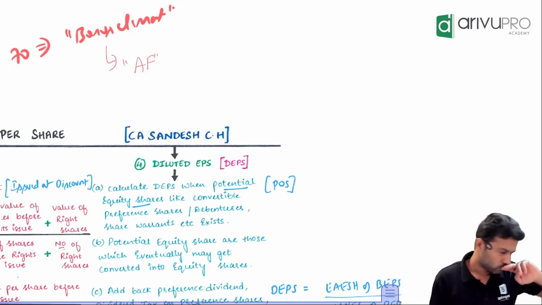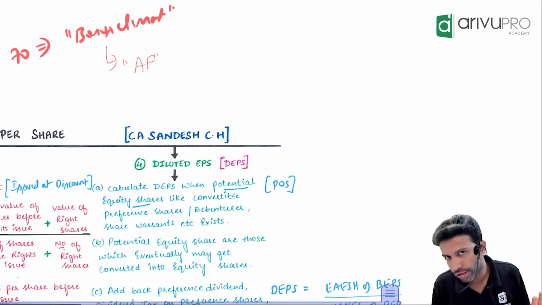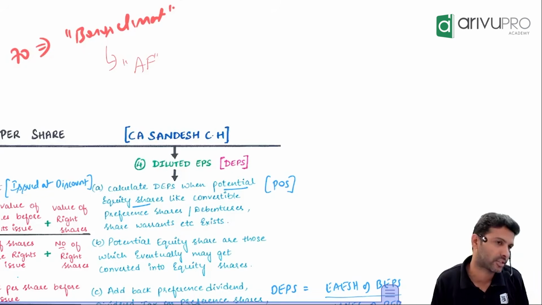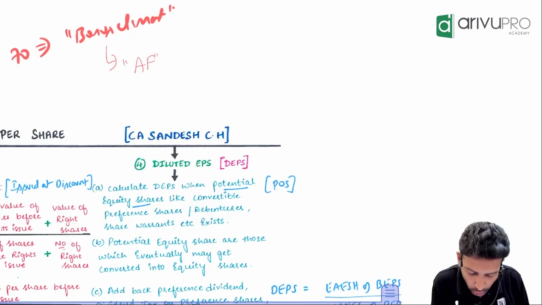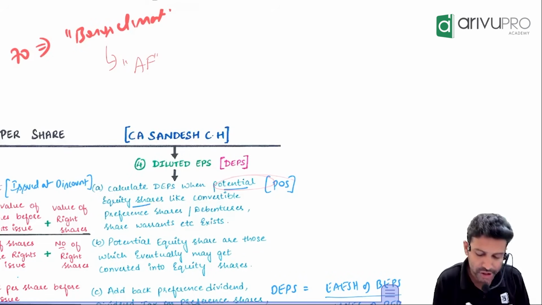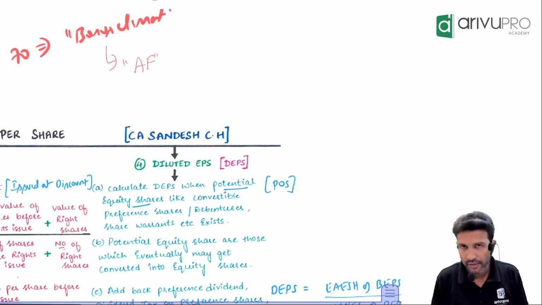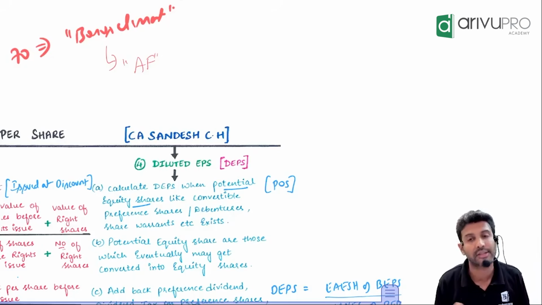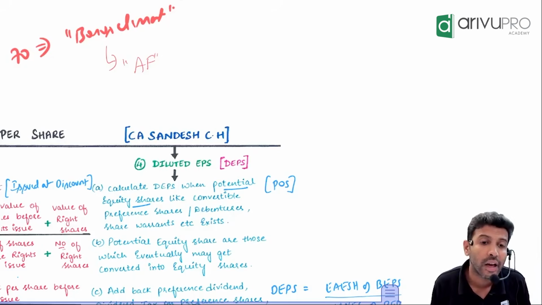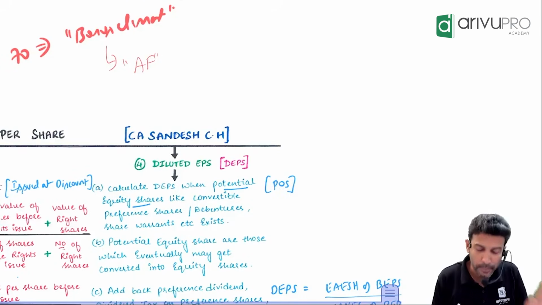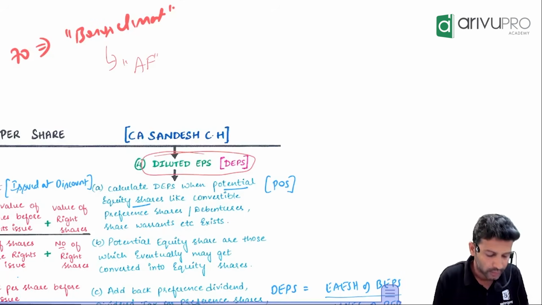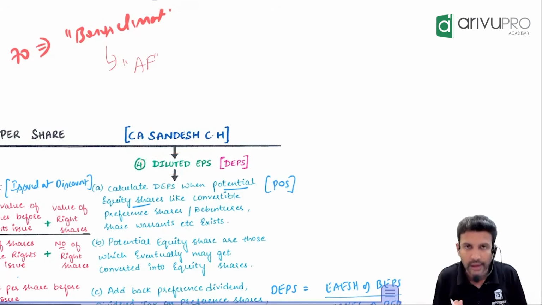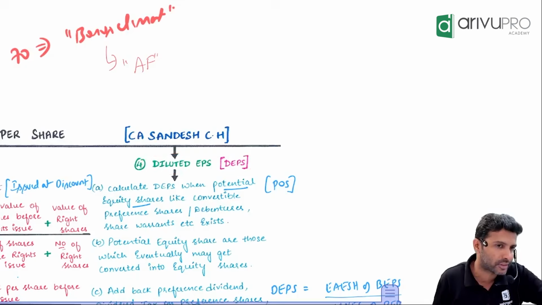EPS can reduce if you have something called POS. What is this? Potential ordinary shares or potential equity shares. If you have something called potential ordinary shares or potential equity shares, then EPS may get reduced. That reduced EPS only we are calling it as diluted EPS. That we are trying to calculate and report as DEPS.